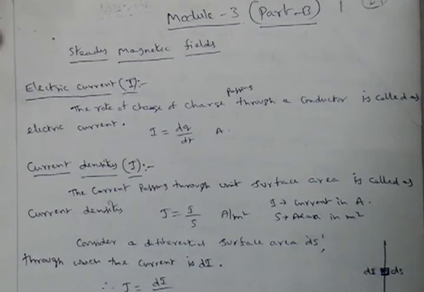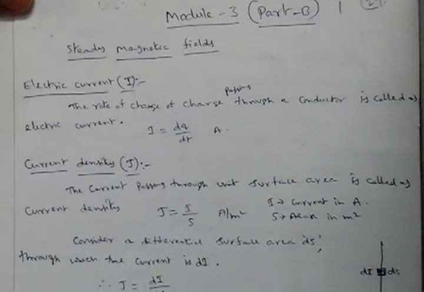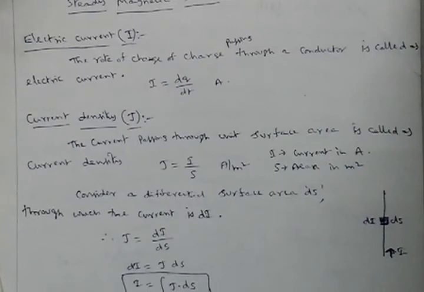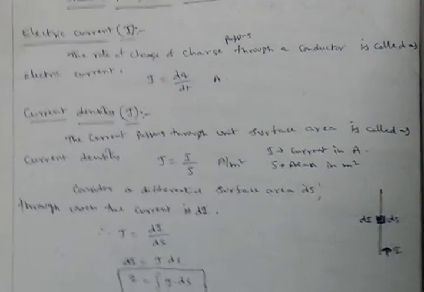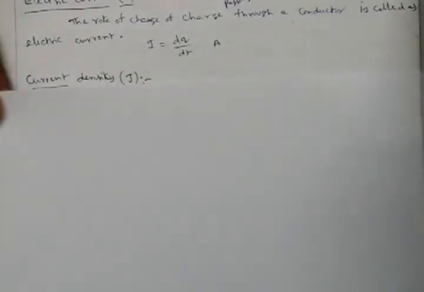We know that the current flowing through any conductor is nothing but the rate of change of charge, I is equal to dq by dt. Next, current density is nothing but the current flowing through the element per unit surface area. So J is equal to I by S. This can be explained by taking one simple example.